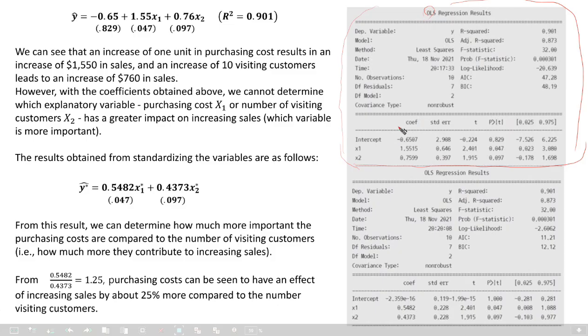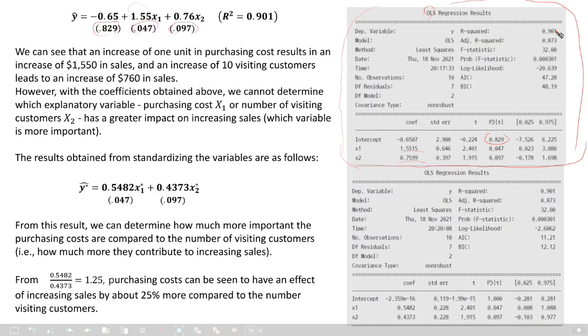This one is for your original data. Intercept minus 0.65, x1 1.55, x2 0.76, and the p-values are 0.829, 0.047, and 0.097. These are the p-values for these parameters, so you can test this result.